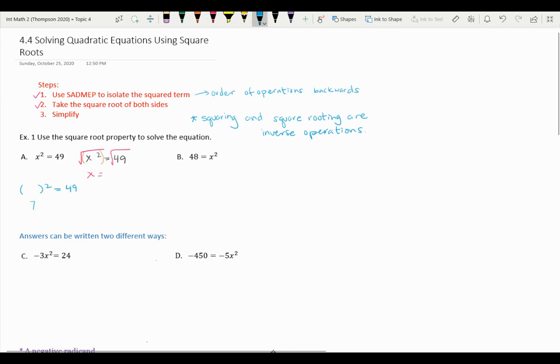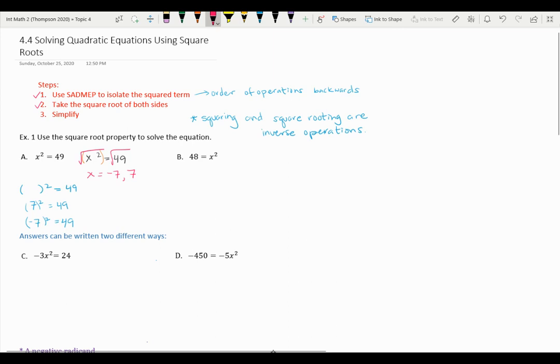Well, I know that 7 squared is 49. I also know that negative 7 quantity squared is 49 because a negative times a negative is a positive. So this number could be either negative 7 or positive 7.